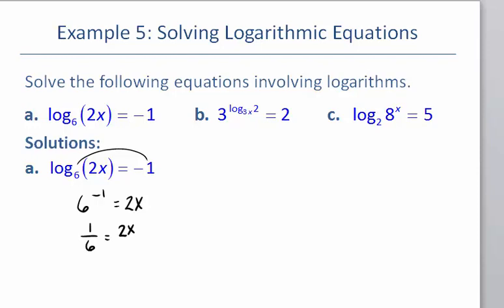All right, so now we need to divide both sides by 2 so that we can solve for x. Well, remember that 1/6 divided by 2 is going to be the same thing as 1/6 times, not 2 over 1, but 1 over 2. So we have 1/12 is equal to x.